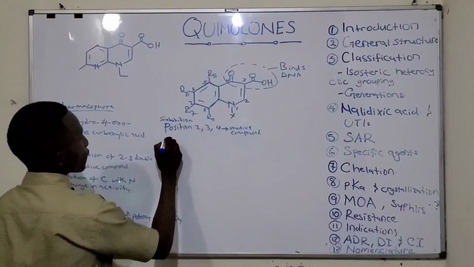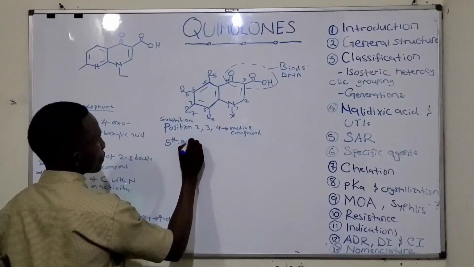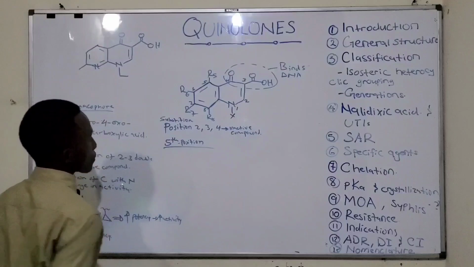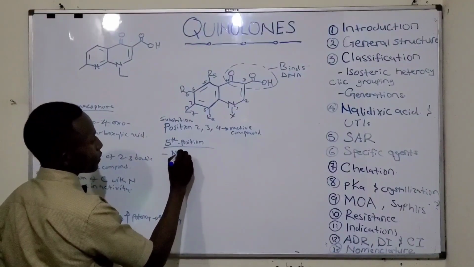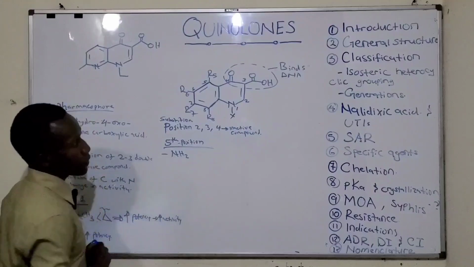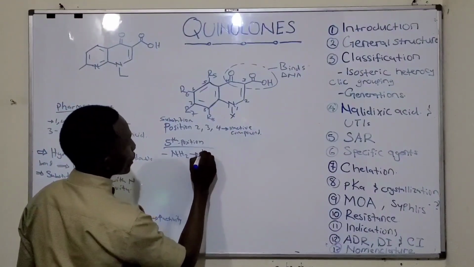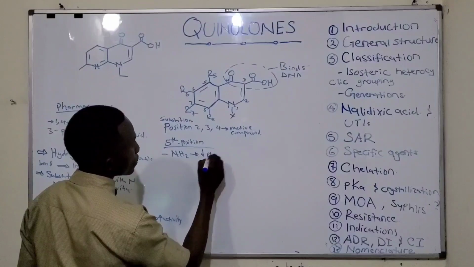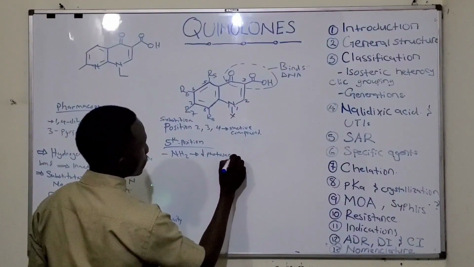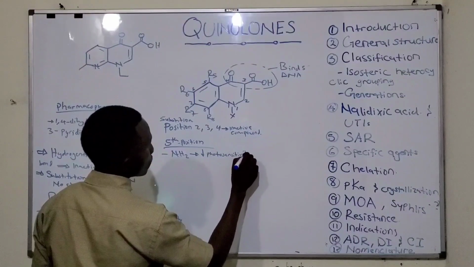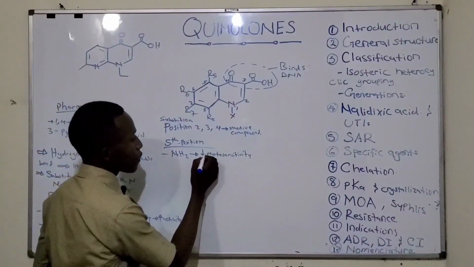When you go to position 5, addition of the amino group at that position leads to reduction of the photosensitivity effect. Remember, these fluoroquinolones have this effect of photosensitivity.